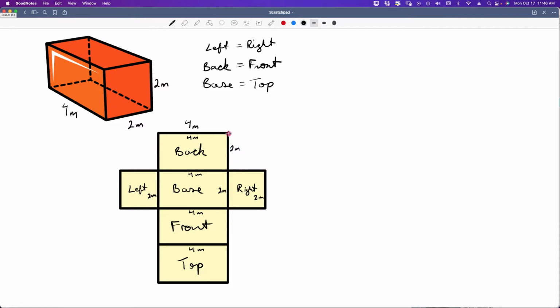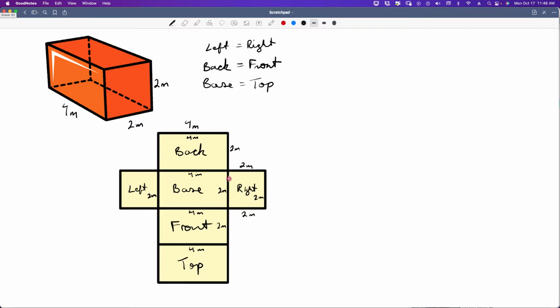So that means this dimension is 2 meters, but it also means this dimension is 2 meters because when you fold them up, they meet right here on this edge. So this would be 2 meters and this would be 2 meters. That also means when we do the look across that this is 2 meters. That also means that this is 2 meters.